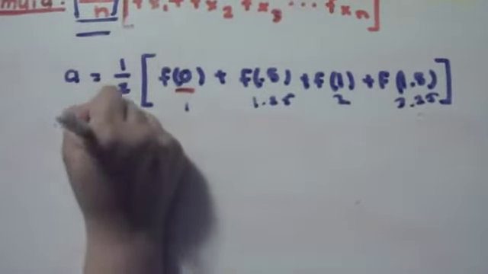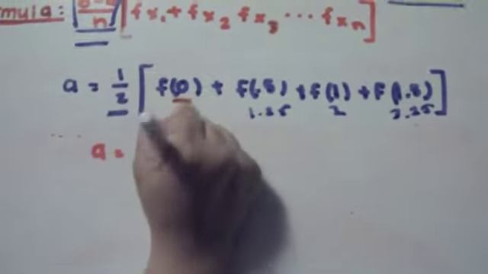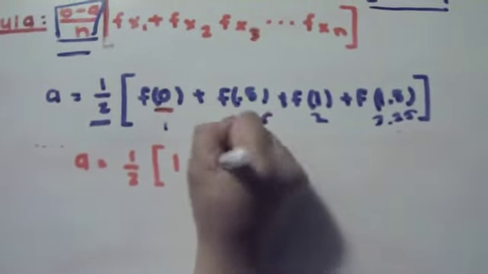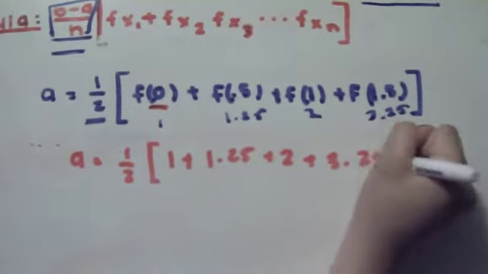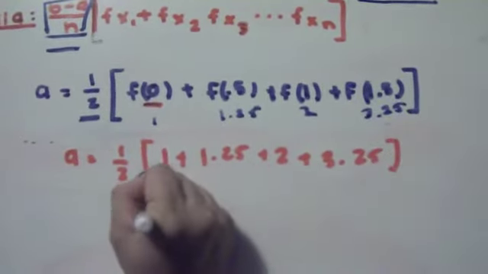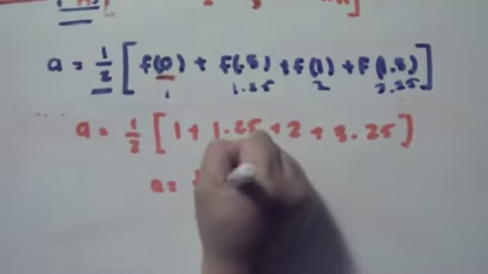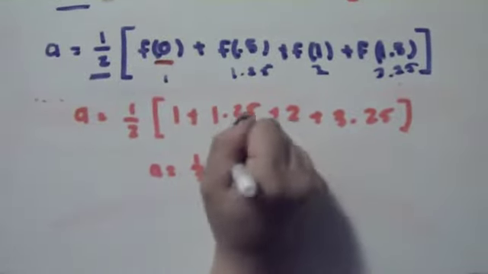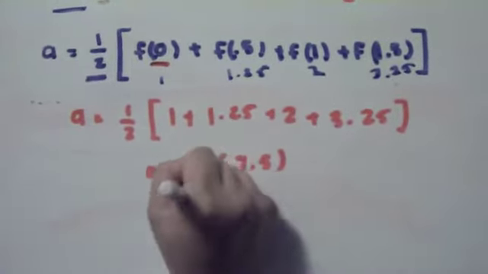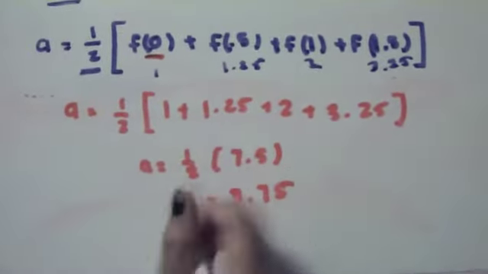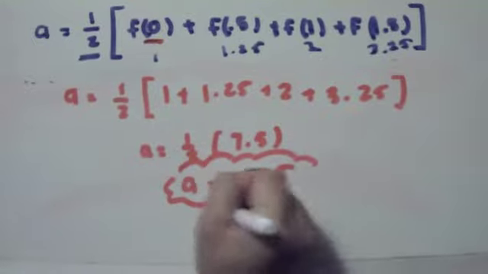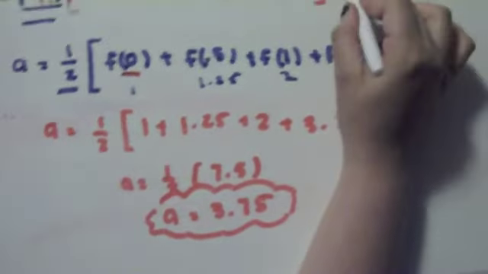Our area is going to be 1/2 times 1 plus 1.25 plus 2 plus 3.25. And this simplified is 1/2 times 7.5, and simplified even further is 3.75. That is the answer to your LRAM of the area under the curve. And again, it's an under approximation.